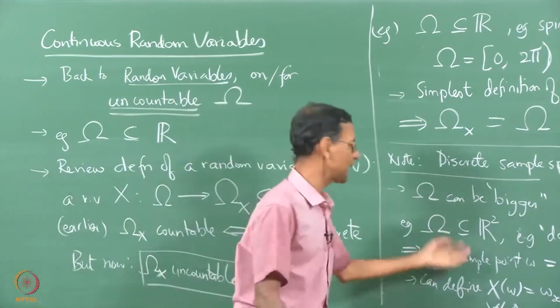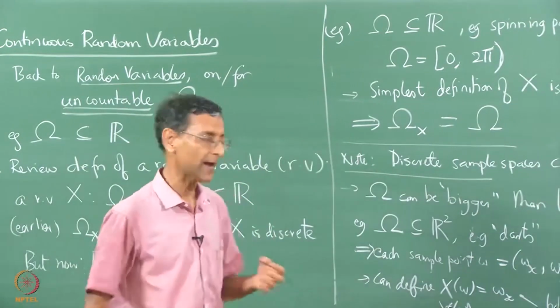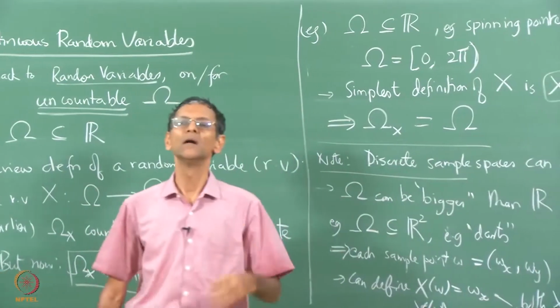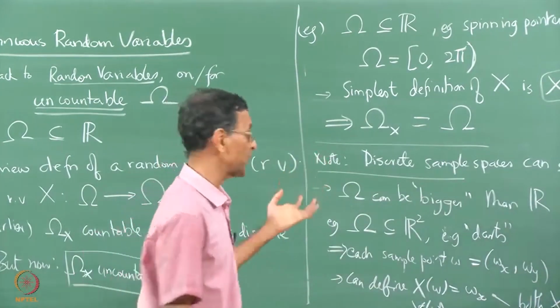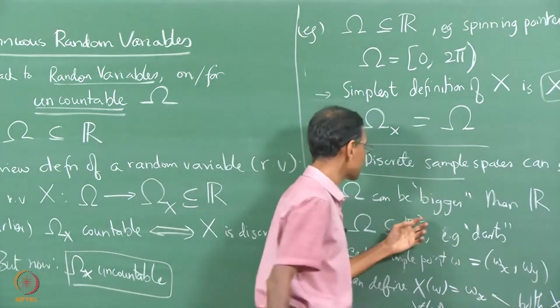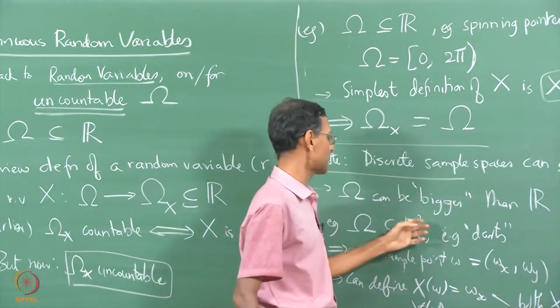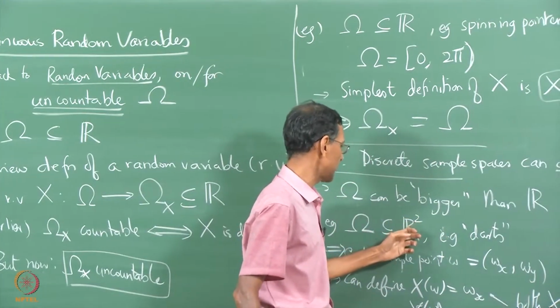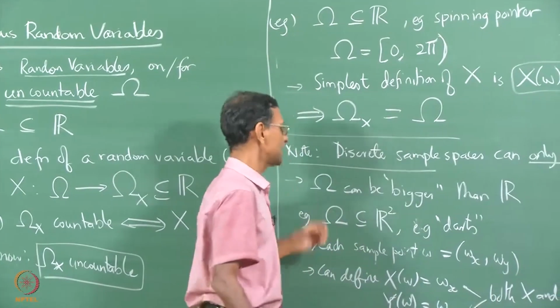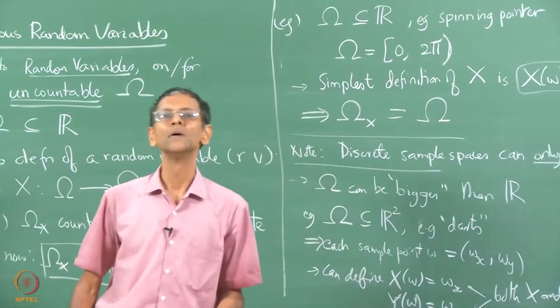In a more abstract setting, this could be some k-dimensional subspace, R power k for example, and then you would have k components.